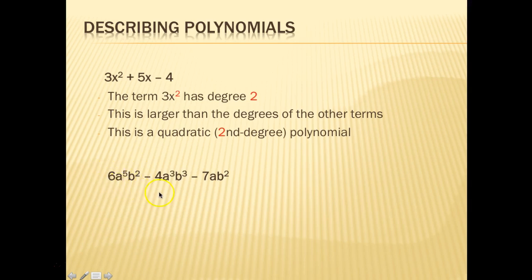The term that has the most variables being multiplied together will tell you what your degree is. So in this case, I have 5 a's and 2 b's, so this is a 7th degree polynomial.